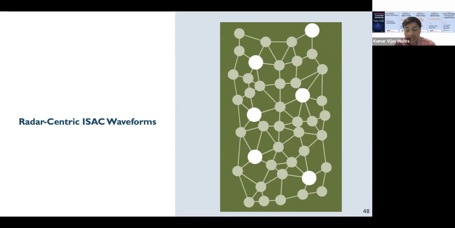I'll be around if there are questions, but when Bhavani covers bistatic ISAC later in this tutorial, he will give some overview of some of these waveforms. For the rest of the tutorial, we will be using customized waveforms. So a lot of discussion that I was going to do while covering these standard waveforms may be redundant.